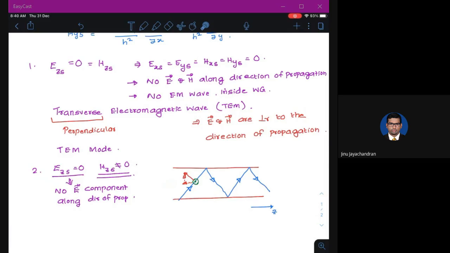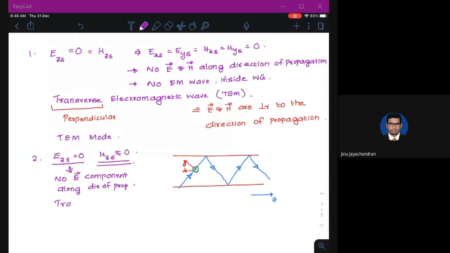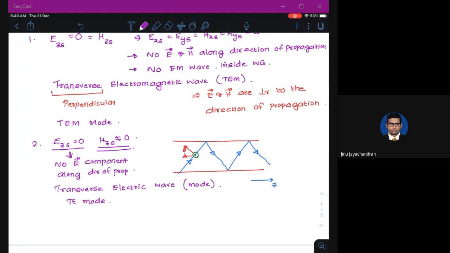So this kind of wave is called a transverse electric wave or mode, TE mode. So this can exist inside a waveguide. So this TE mode exists inside a waveguide.